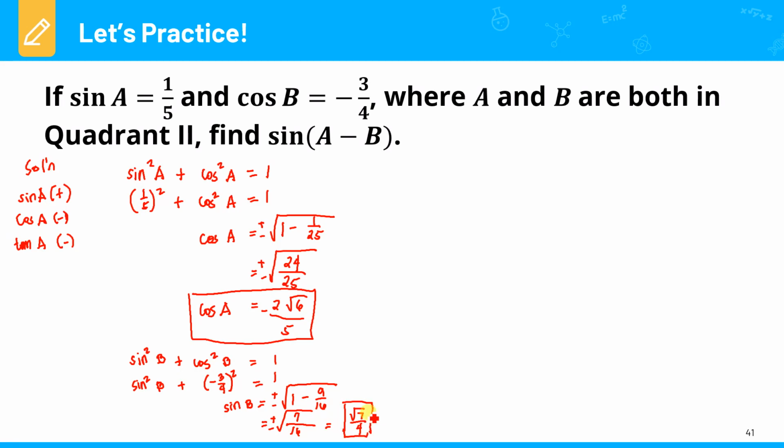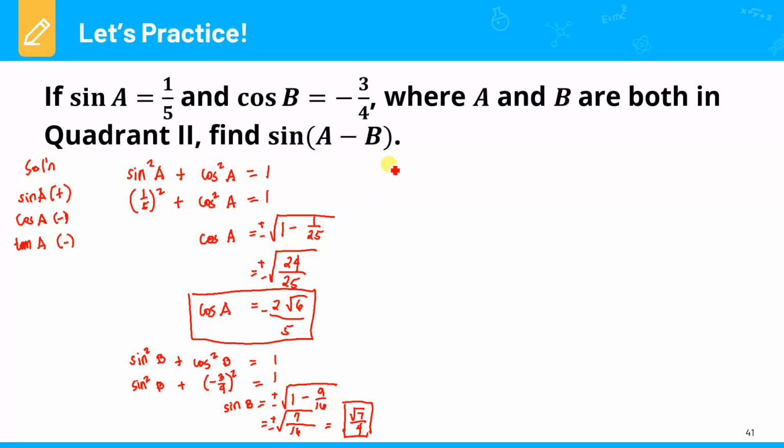So we already have our sine A, sine B, cosine A, and cosine B. We can now substitute these into the angle difference identity of the sine.